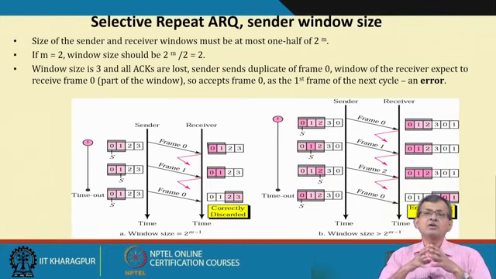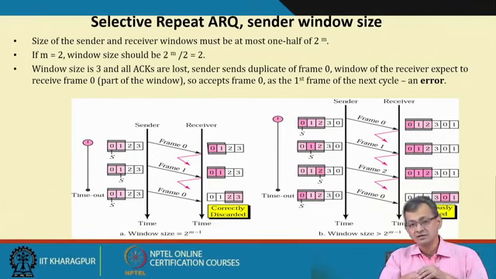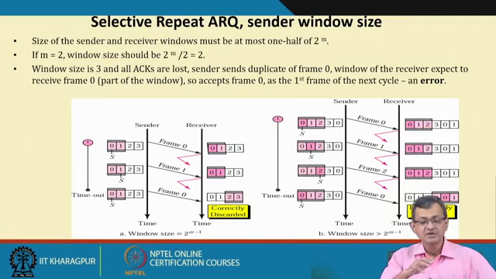This flow and error control mechanism over and above tries to provide better utilization of the bandwidth, or a better quality of service, right. So, this is the overall flow and error control mechanism.